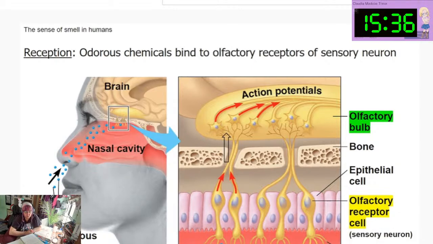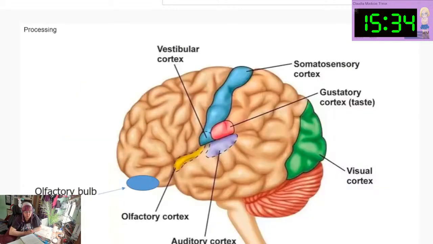And the olfactory bulb is just this region of the brain involved in smelling. All right, so from the olfactory bulb, signals are carried to the thalamus and the olfactory cortex, as well as other brain regions. The brain integrates these signals and makes sense of it so that we can perceive smells.